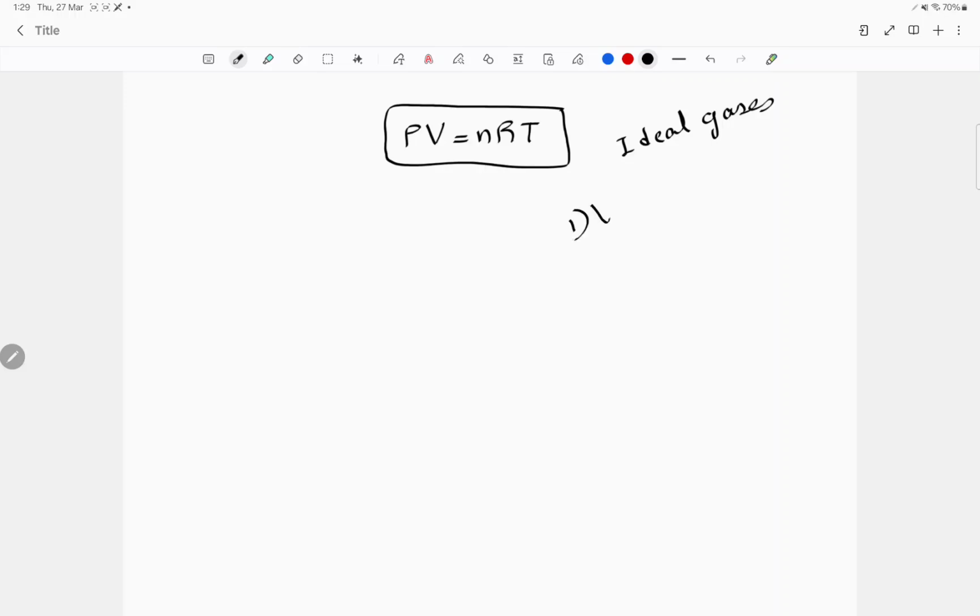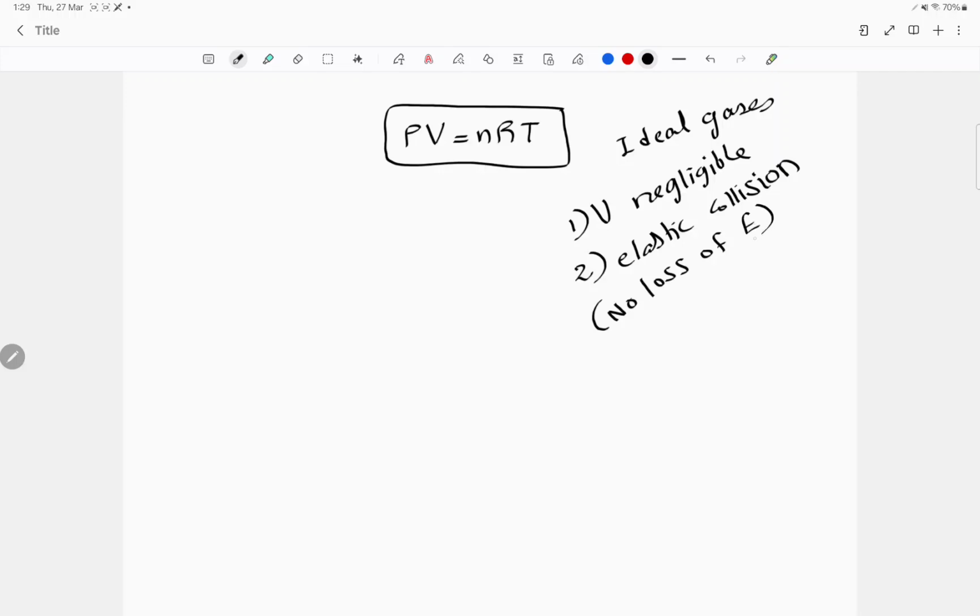Their volume is negligible, so it is very small compared to the volume of the container. When they collide with each other, they collide elastically, which essentially means they will not lose any energy. And they will move randomly, not in directional motion.